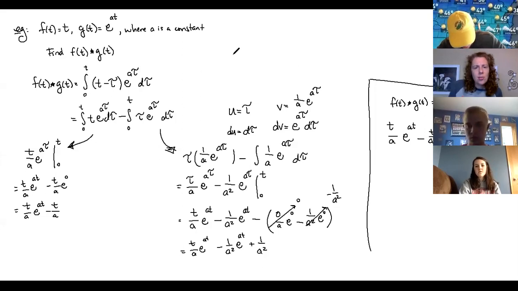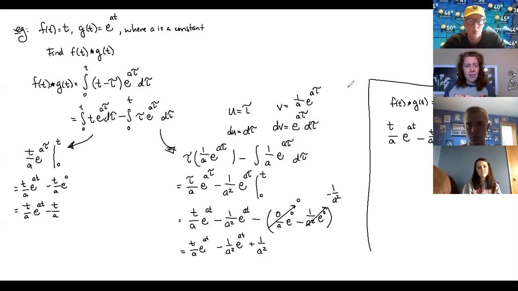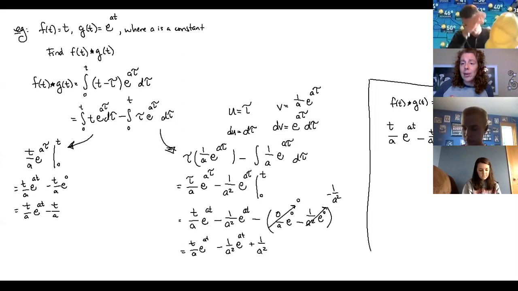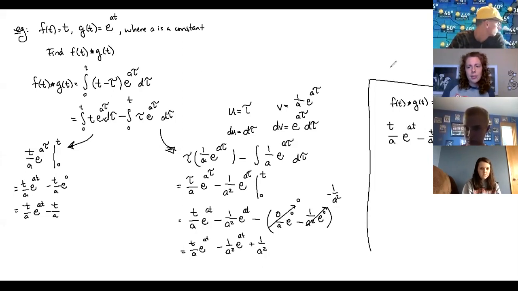Can I just do changing the sign of everything that I have in my second piece instead of putting a minus in parentheses? Can I just do it that way? So in other words, we're going to have minus t over a, e to the at, plus 1 over a squared, e to the at, plus 1 over a squared, minus 1 over a squared, minus 1 over a squared.